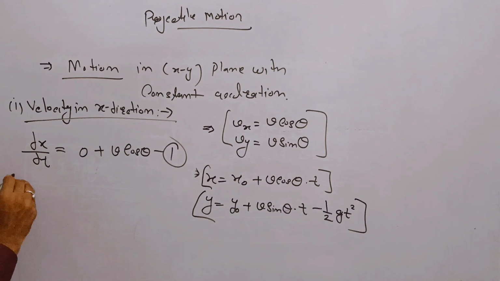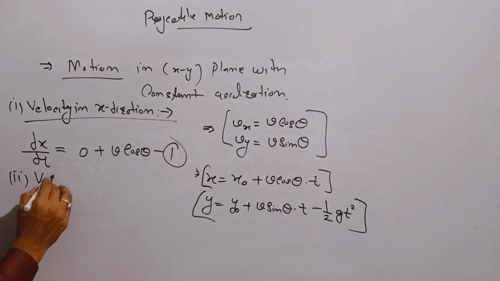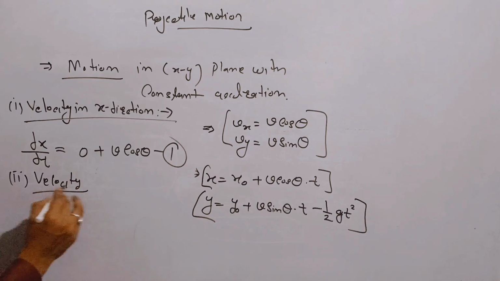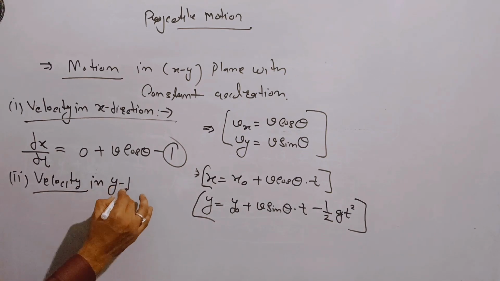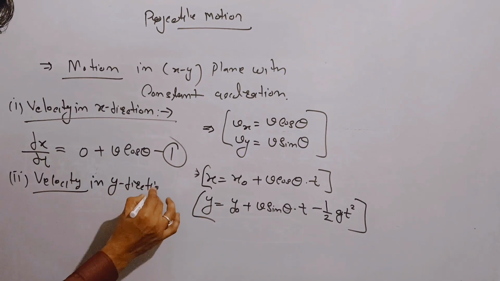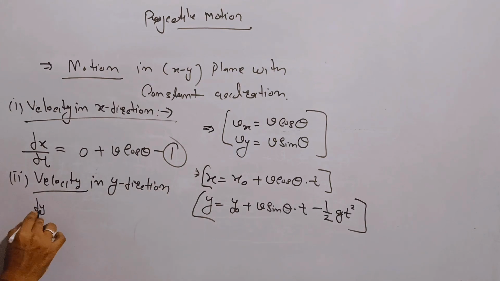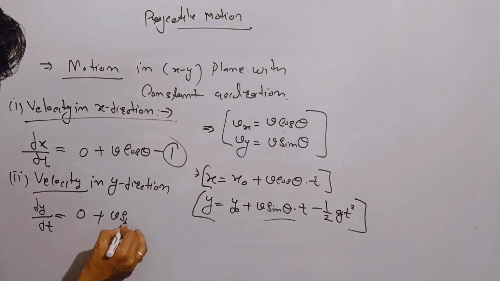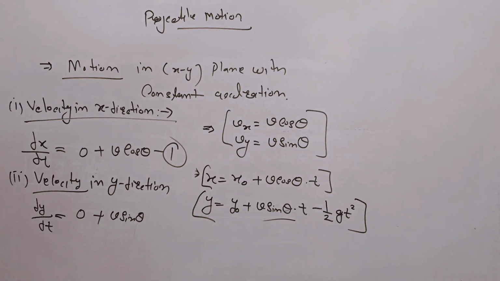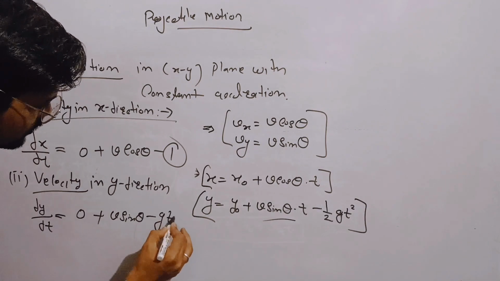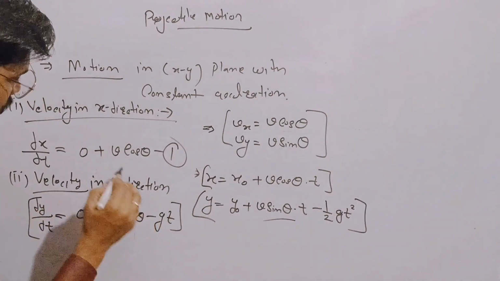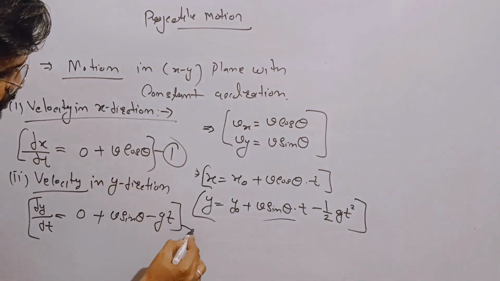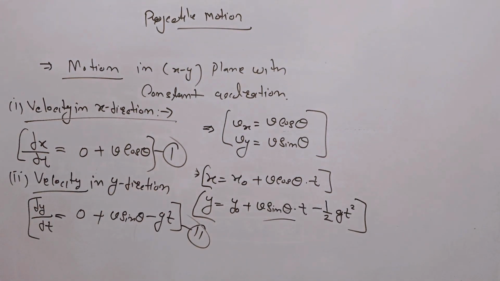And second is the velocity in the y direction: dy by dt is equal to 0 plus v sin theta minus gt. This is the velocity in the y direction. This is the velocity in the x direction. This is the velocity in the y direction. Equation number 1 and equation number 2.